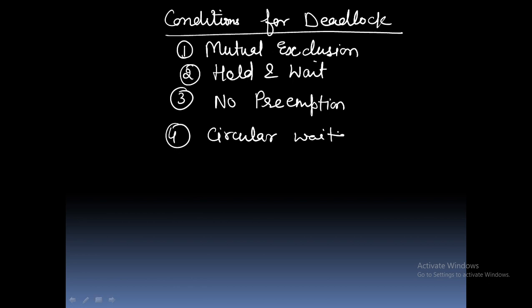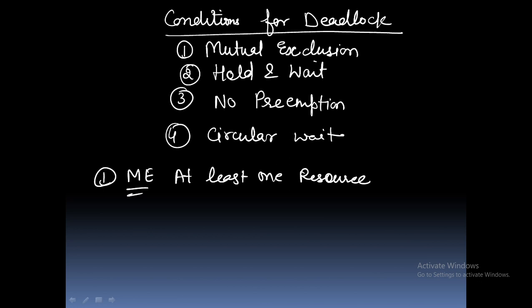In mutual exclusion, by this condition we can say that there must exist at least one resource in the system which can be used by only one process at a time.